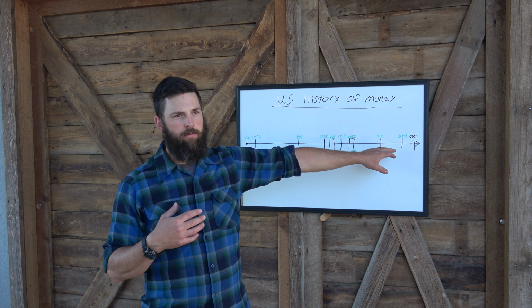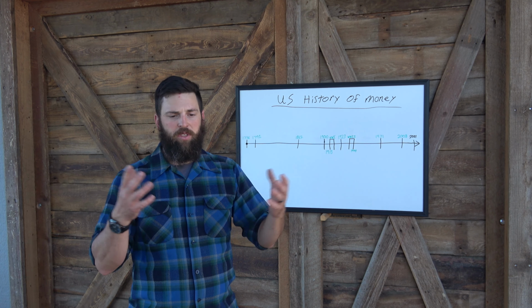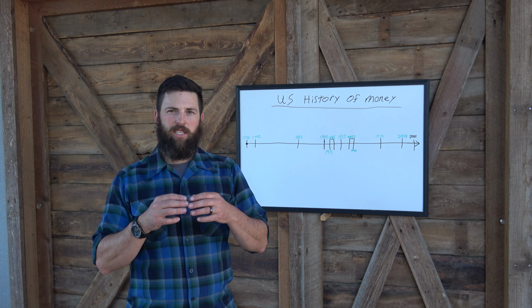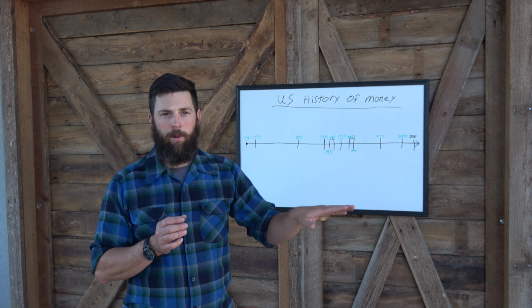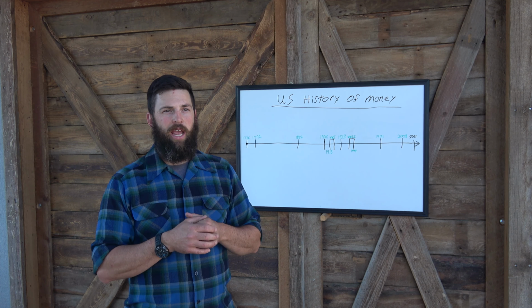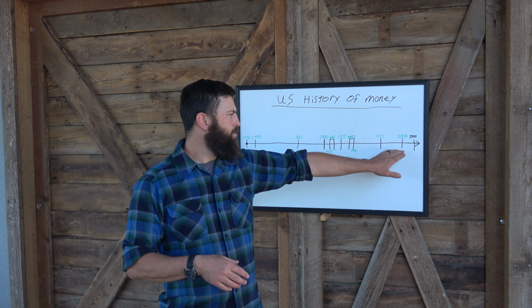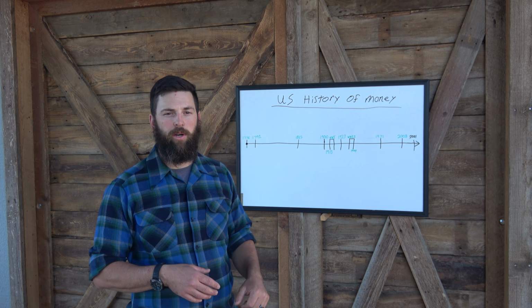So basically in a panic to save the system that we had, the central banks started quantitative easing, aka throw a bunch of money into the markets and try and plug the leaks. And we've pretty much kept that up into where we're at right here in 2021.